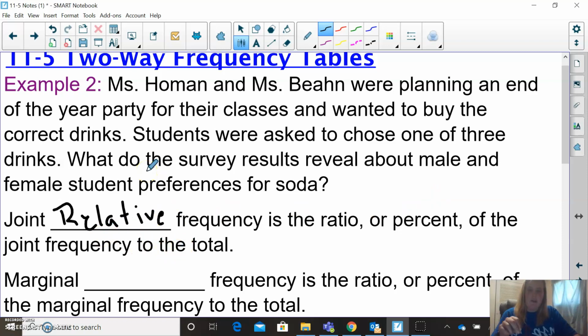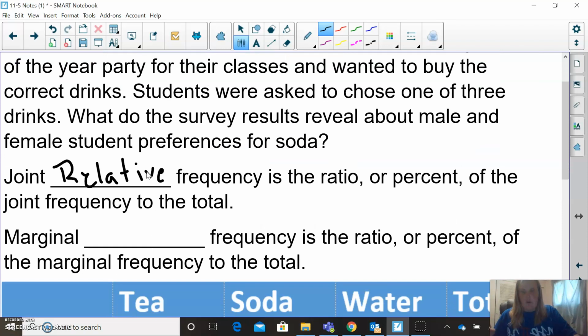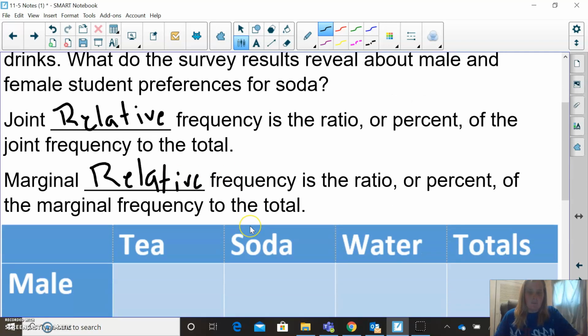So we're going to put some of those joint frequencies over the total. Marginal relative frequency is the ratio or percent of the marginal frequency to the total.